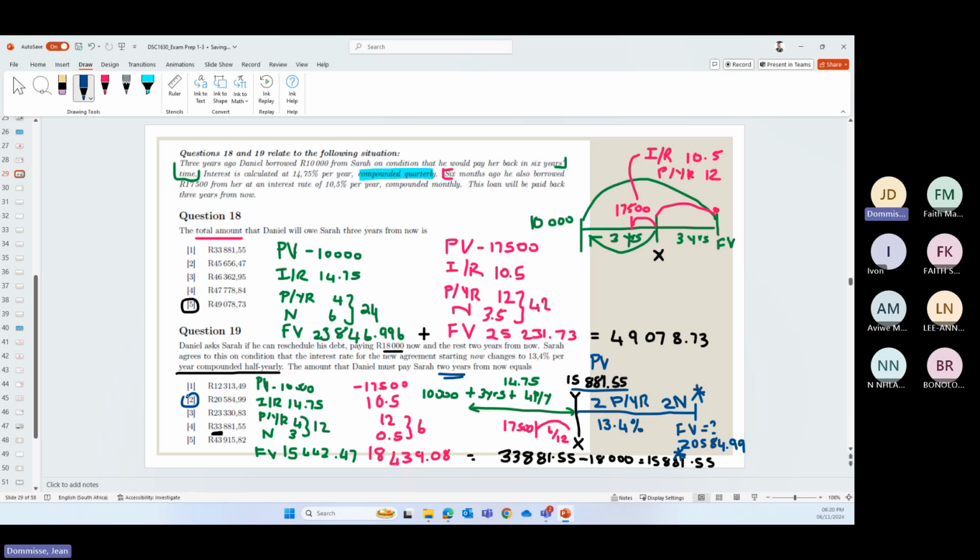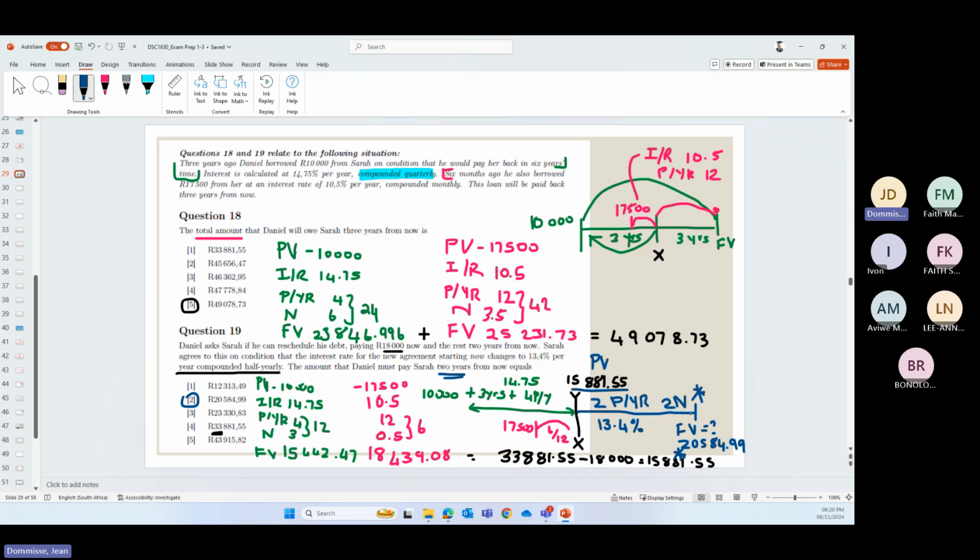It is death by sums in this one. We needed to work out the green component of the 3 years. We needed to work out the pink component of the 6 months. Then we needed to work out if we take away that 18,000 payment, and then we needed to work out another component.